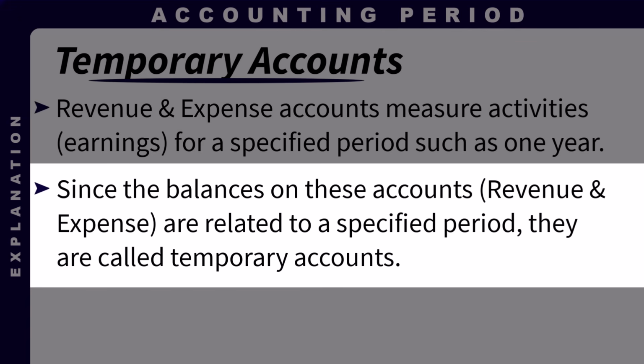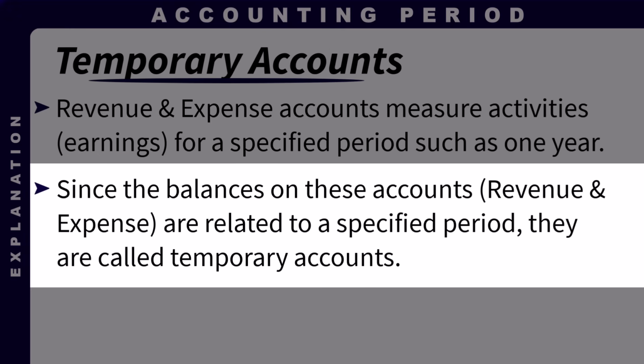Now, since the balances on these accounts, that is, revenue and expense accounts, are related to a specified period and so are reset at the end of an annual period, they are temporary accounts. But where do the balances on these temporary accounts go when resetting them to zero?